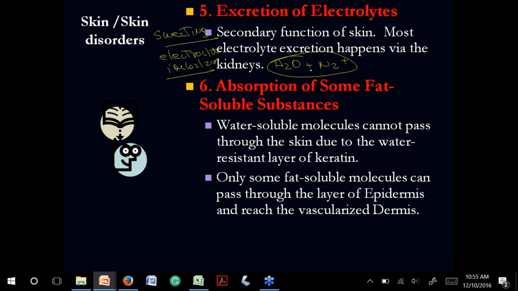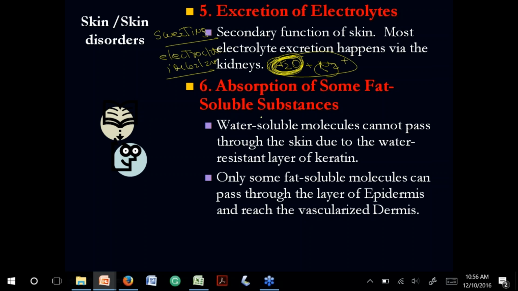But when you sweat excessively, you are going to lose more water than sodium. And what happens? You're going to have a high concentration of sodium in the blood that is dangerous for your functions. All right, so excretion of electrolytes through the skin, through the sweating.